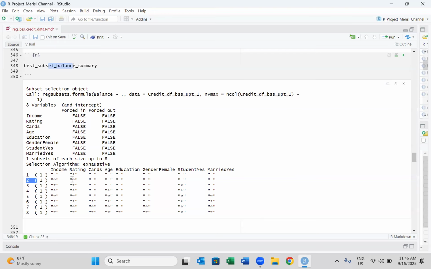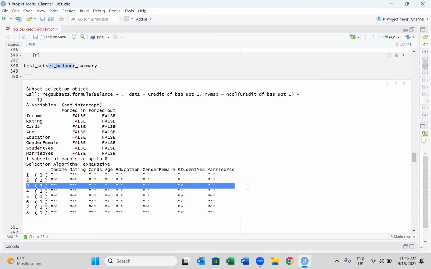How about row 2? Where do you see the asterisk in row 2? The asterisks are at income and rating. That means that if you want the best equation of size 2, you need to use income and rating as predictors. How about row 3?